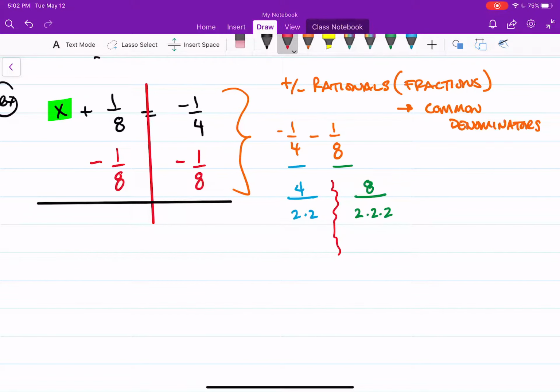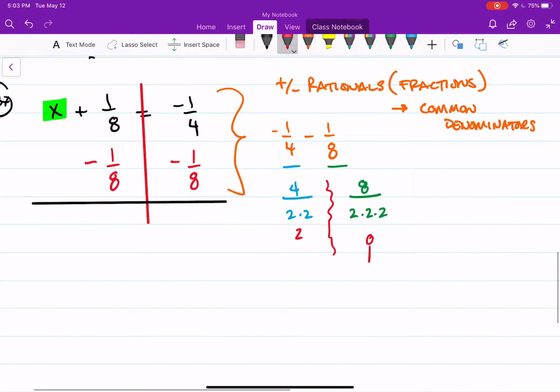So if I was a 4, if I was the sister, and I was 4, I know I'm not a very pretty sister. What does 8 have that I don't have? 8 has another 2 that I don't have. Okay, so let's say that you're 8.